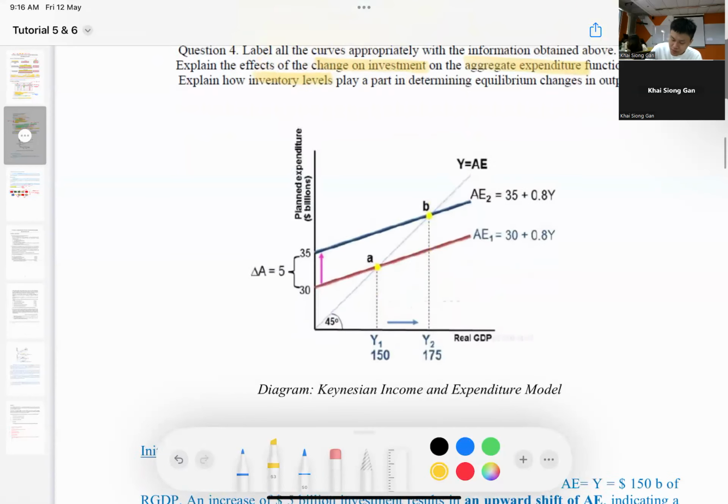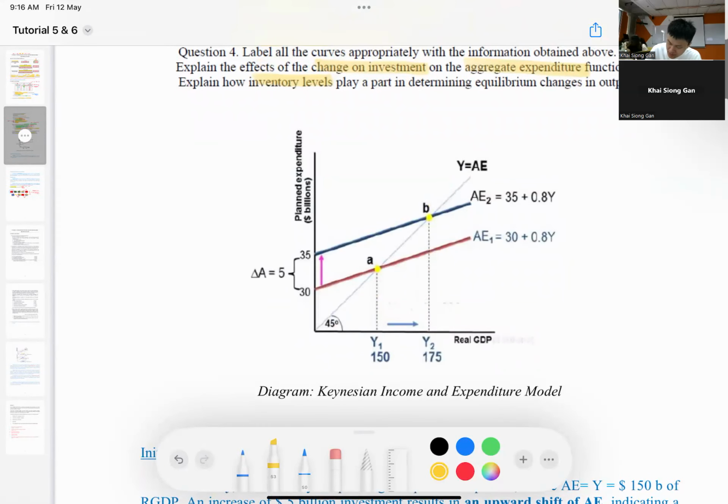First of all, my y-axis is planned expenditure, or you can call it aggregate expenditure or total expenditure. And my x-axis is real GDP. Now, we should assume that aggregate expenditure and real GDP grow in the same proportion, like this 45 degree line.